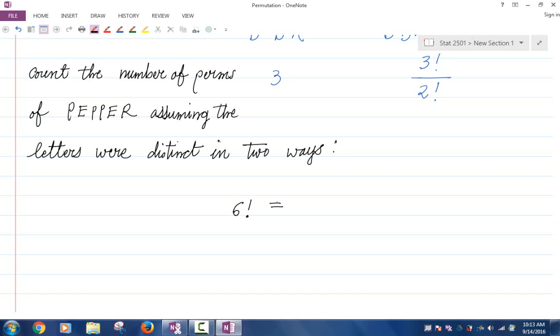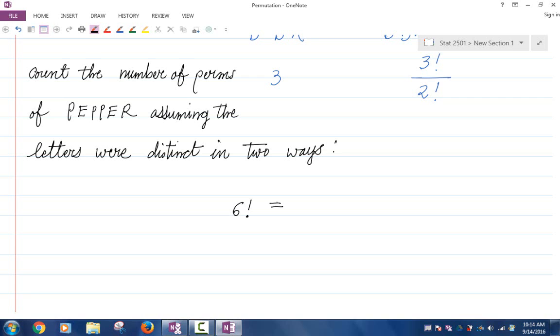For each one of them, how many ways can you permute the E's among themselves, and how many ways can you permute the P's among themselves? Is that making sense? So for each distinct permutation, how many ways can you exchange the E's among themselves, and how many ways can you exchange the P's among themselves?